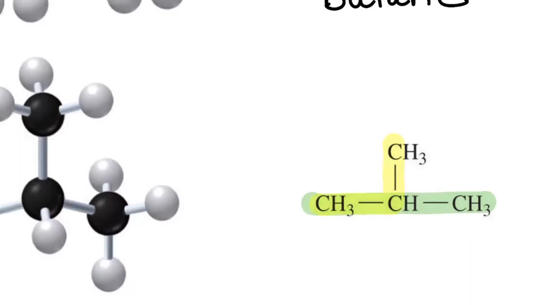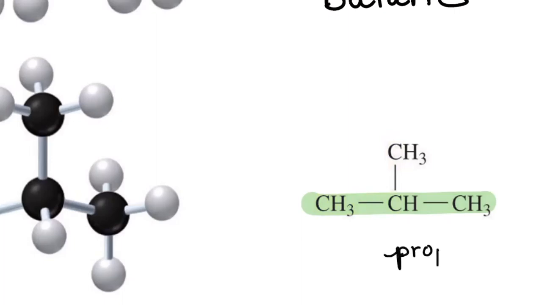So when our continuous chain is 3 carbons in a row, what is the prefix for 3 carbons and the ending, because we have an alkane? What will be the name of what I highlighted in green? Awesome.